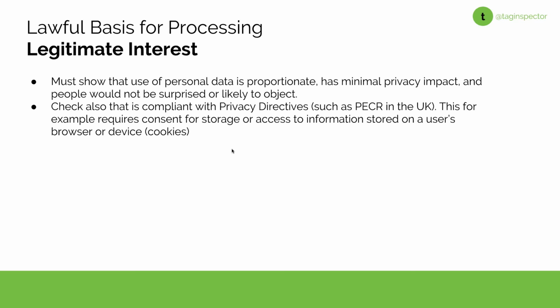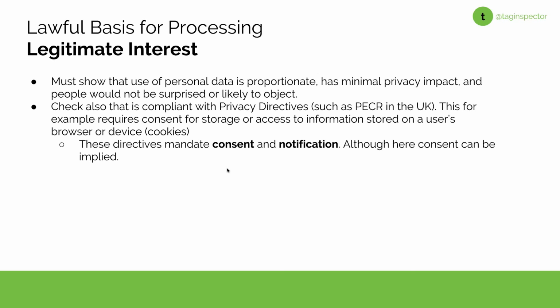So in that case, those directives mandate consent and notification, although here consent can be implied. So if you're using legitimate interest, for example, for the collection of marketing or advertising data with the use of cookies, which are considered in most cases personal data, you could use legitimate interest as your lawful basis for processing, but due to those different privacy directives, you also need to allow consent, even if it is implied consent.